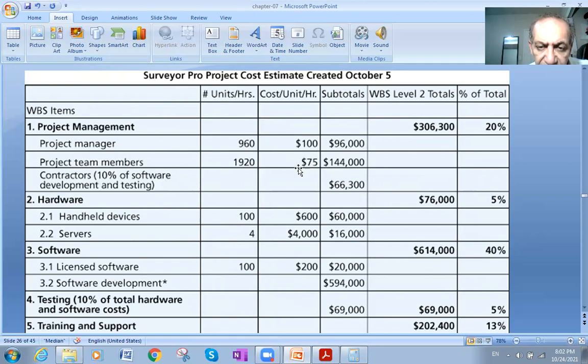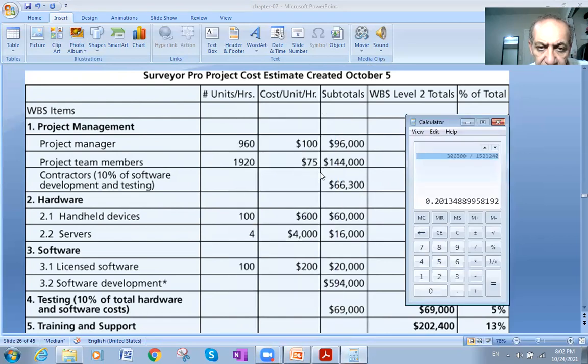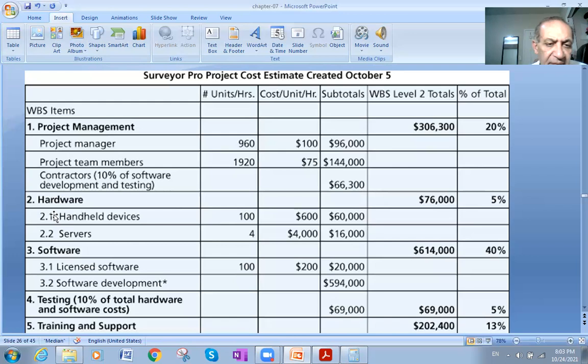So when you multiply those two numbers, 1,920 times $75, that will equal 144,000.